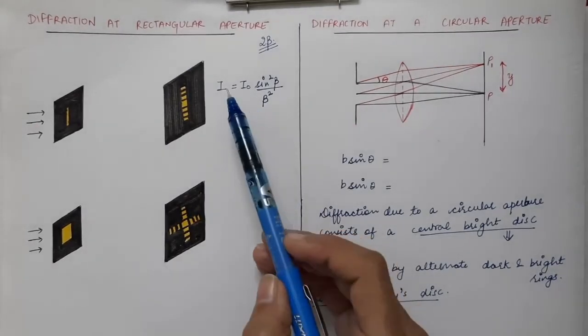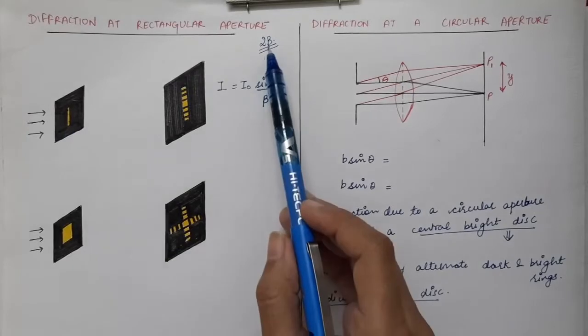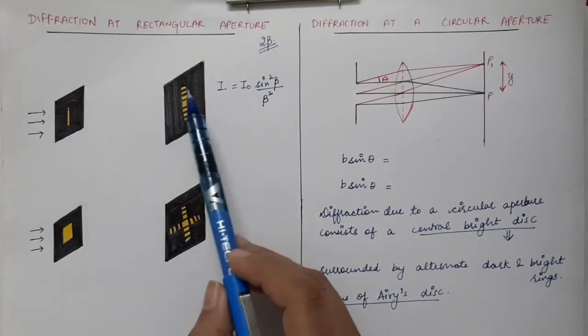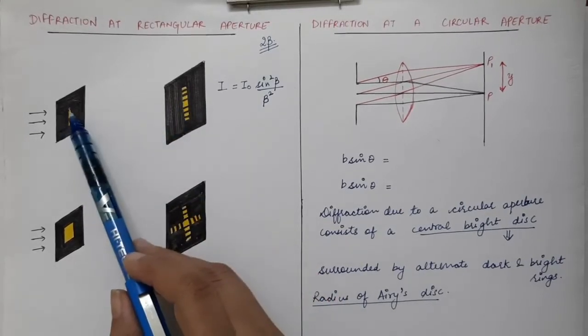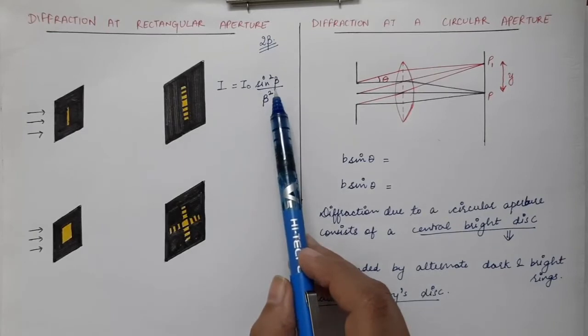This was the formula of intensity that we derived for the case of a single slit, where twice beta is the phase difference between the two light rays reaching a point on the screen from the two ends of the slit. So the intensity came out in this form.